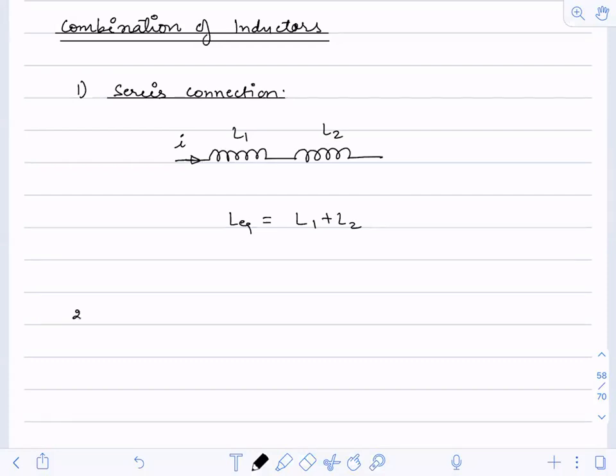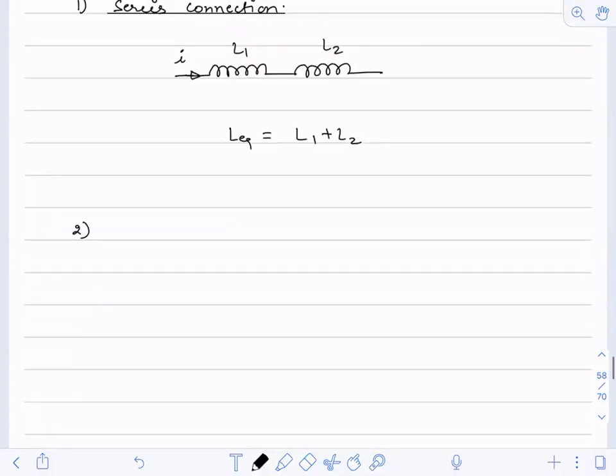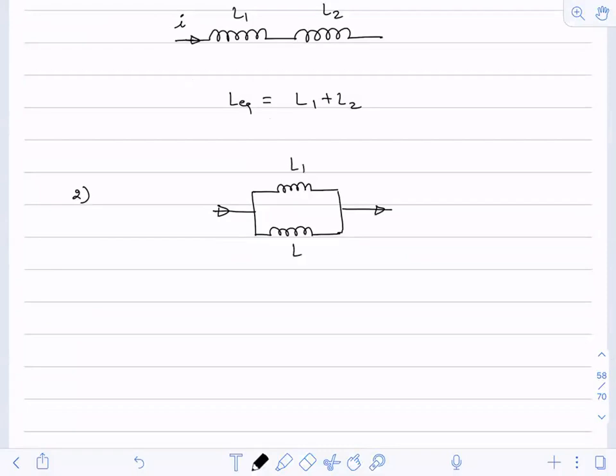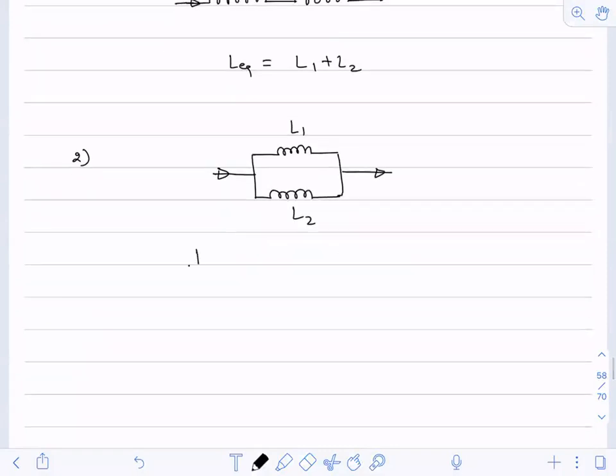For parallel it is the same as resistors. If this is the direction of current, this is L1, this is L2. So 1 upon L equivalent will be 1 upon L1 plus 1 upon L2.